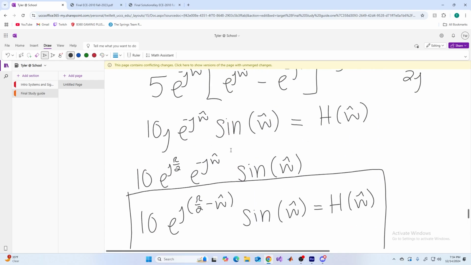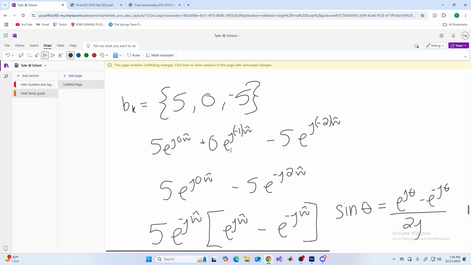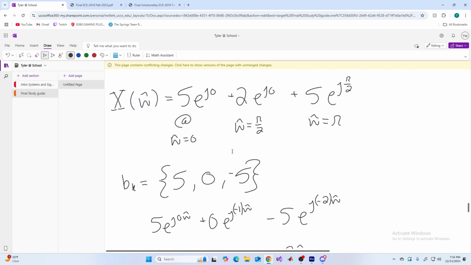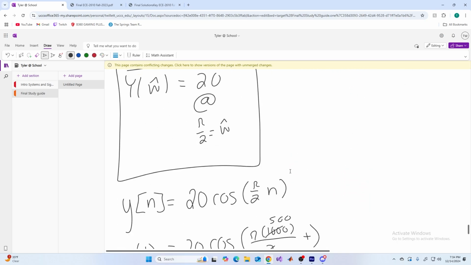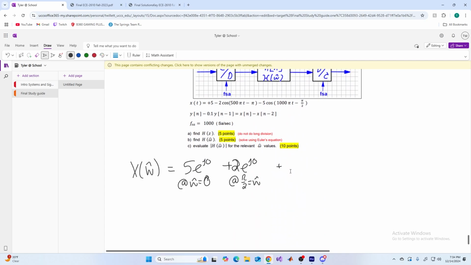I don't want to give you wrong values. Plus 5e^(j pi over 2) at pi. 5e^(j pi over 2) at w hat equals pi. So this will come into play later. We're not going to use that right now. If you need help solving that, please watch my previous video, but we're going to start from here.